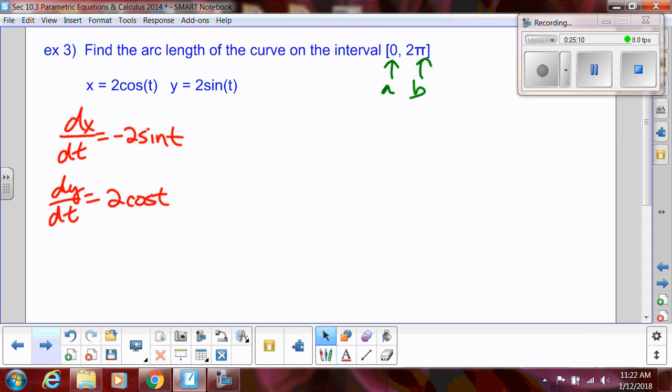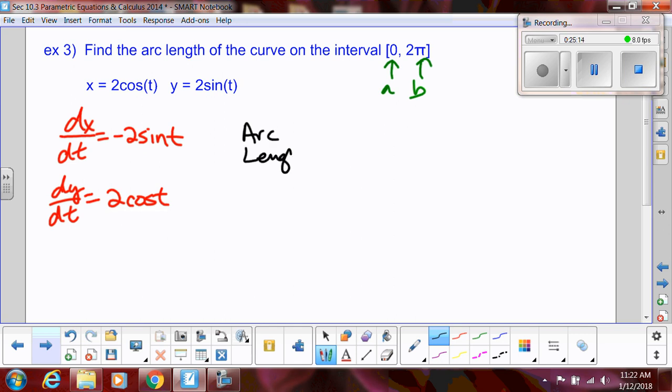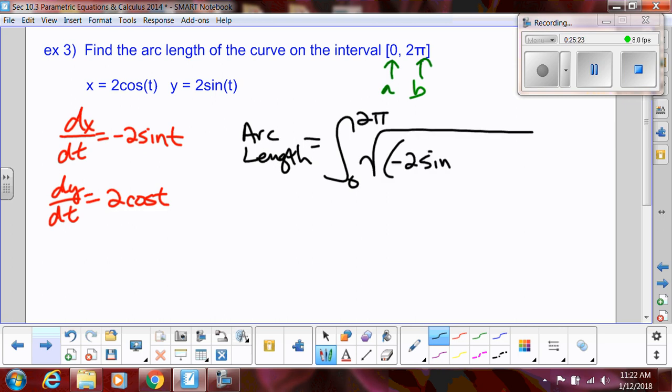So arc length is the integral from 0 to 2 pi of negative 2 sine of t squared plus 2 cosine of t quantity squared dt.